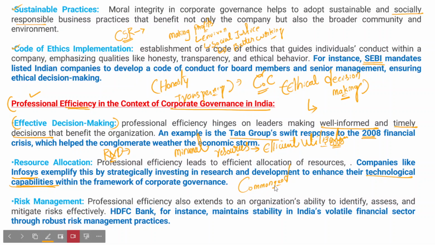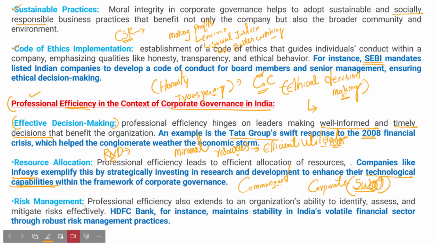Now, this is also very important. Please pay attention to this. When a corporate company is able to do this SWOT analysis, then it could take early measures to reduce the threats and maximize the existing opportunities of such a company.